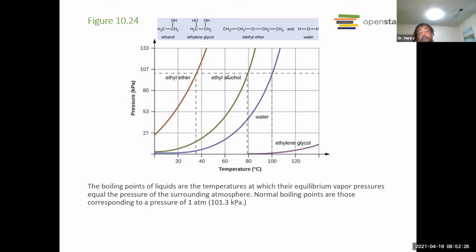Ethanol had dispersion forces and hydrogen bonding. Water had primarily hydrogen bonding on both sides, more hydrogen bonding. And ethylene glycol had a lot of hydrogen bonding and dispersion forces. You can see it's directly proportional in that sense. Does that make sense?